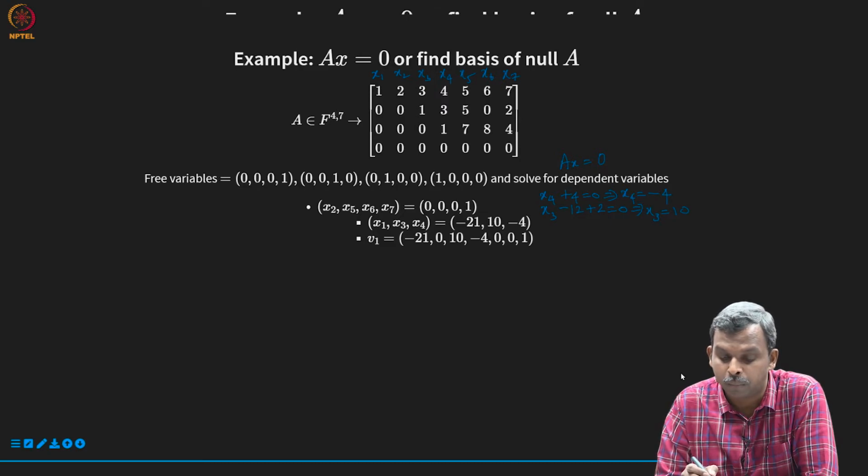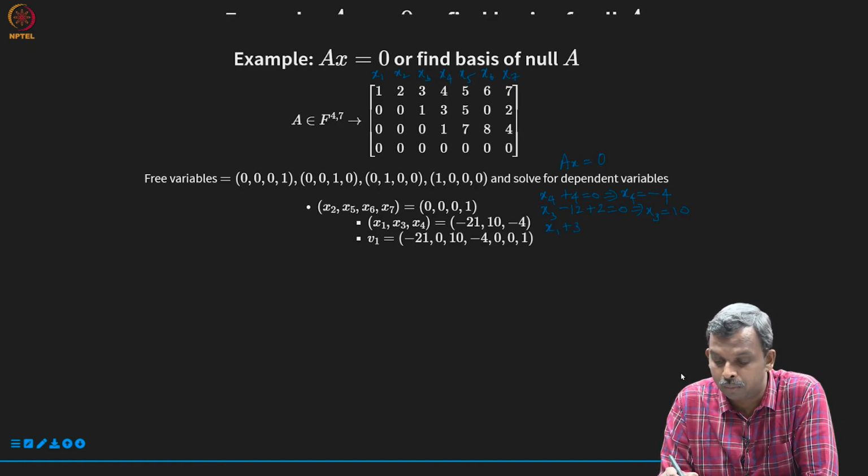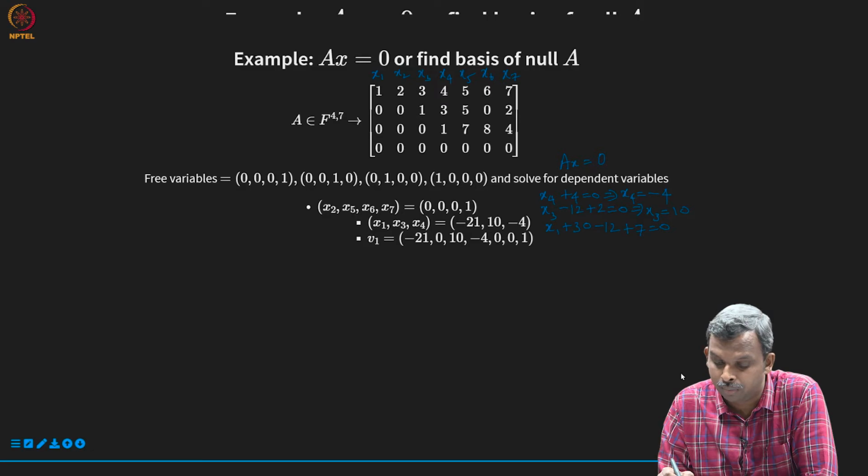Okay, so x3 is 10, and then you go to the first equation, there you get x1, okay, and then x2 is 0, x3 is 10, so plus 30, okay, and x4 is minus 4, so minus 12, then x5 and x6 are 0, and then x7 is 1, plus 7 equals 0.